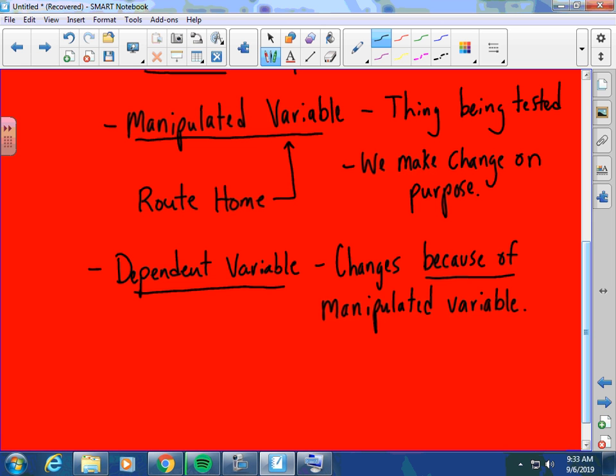So this changes because of the manipulated variable. So if I change my route and I find that the different route takes longer or it's shorter or whatever it is, it's still something that's different now.